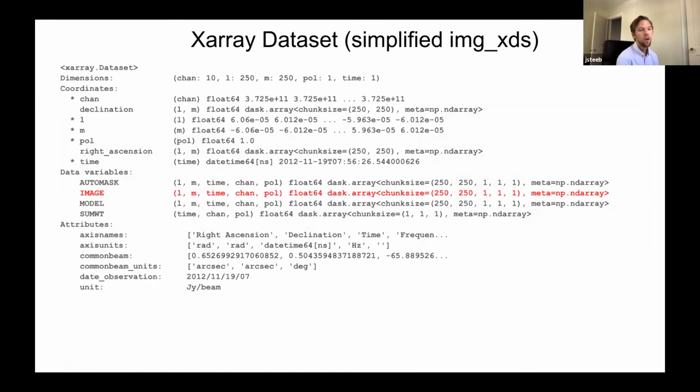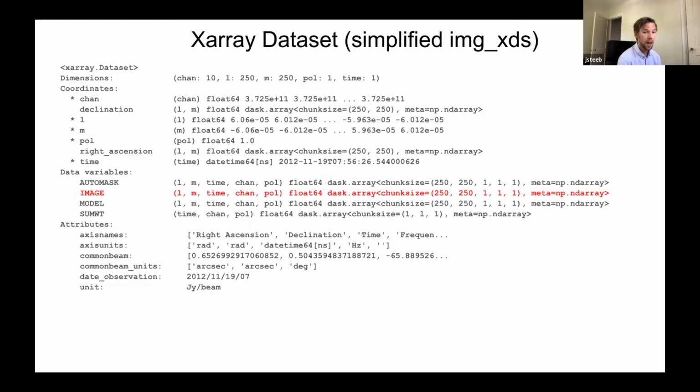Okay, now that was for viz.zarr, but now we also have an image format. I think during the break, something like that was mentioned as well. So we have Zarr on disk again, and then we have an Xarray data set. Now, it's pretty similar to how the images are defined in CASA. However, there are a couple of tweaks.